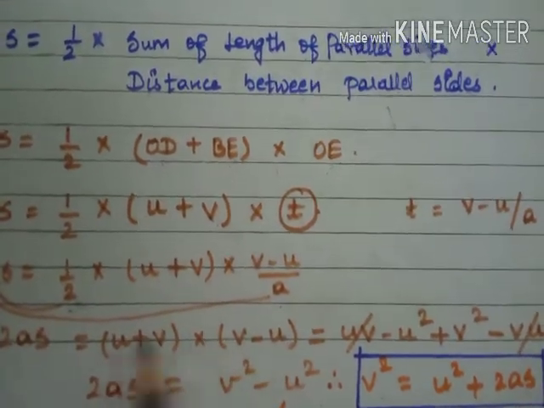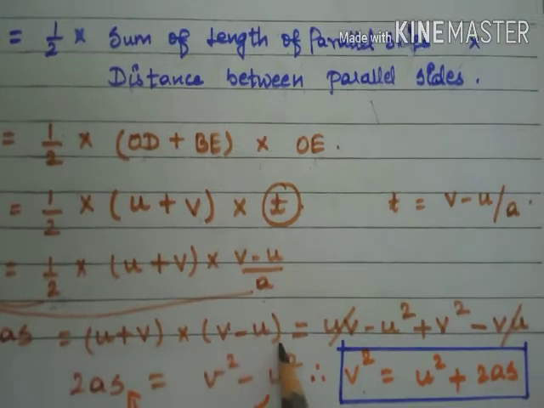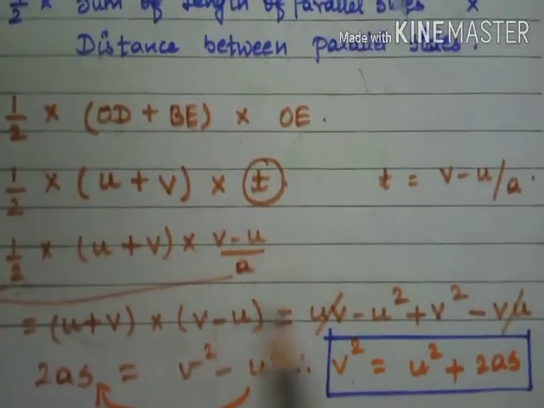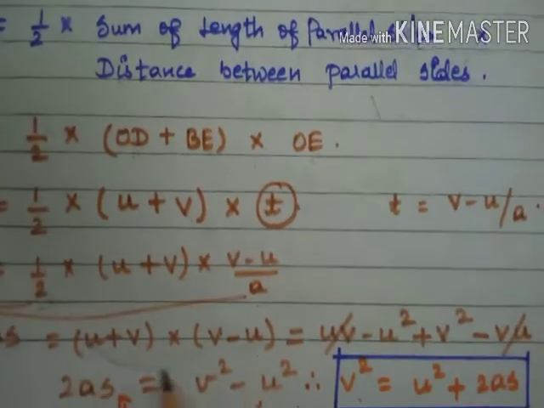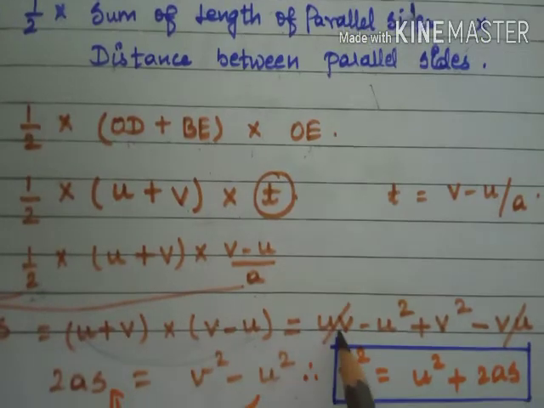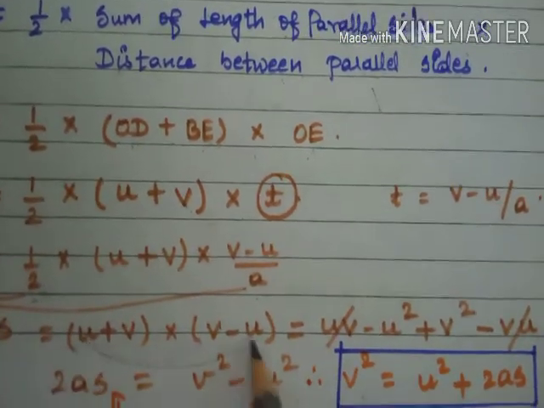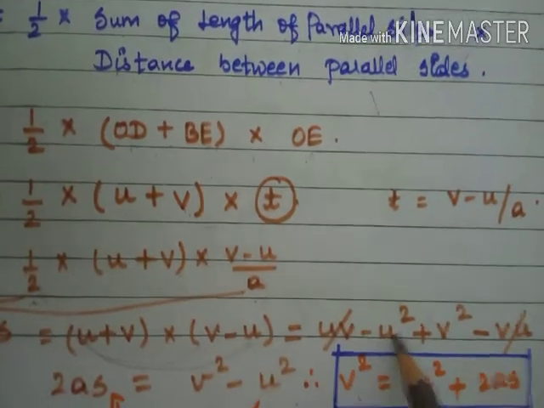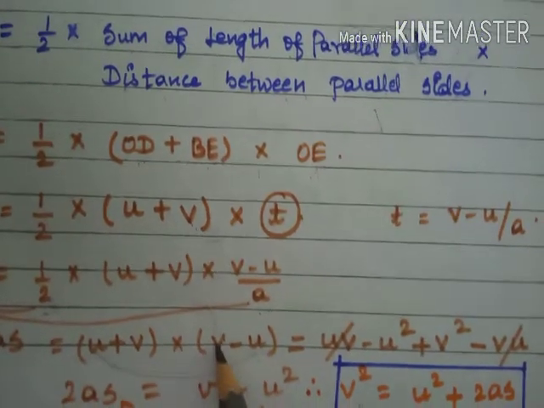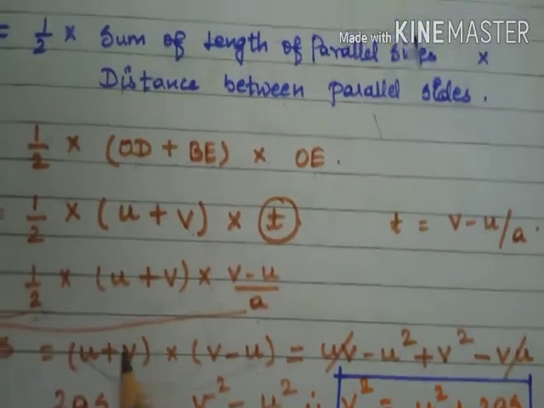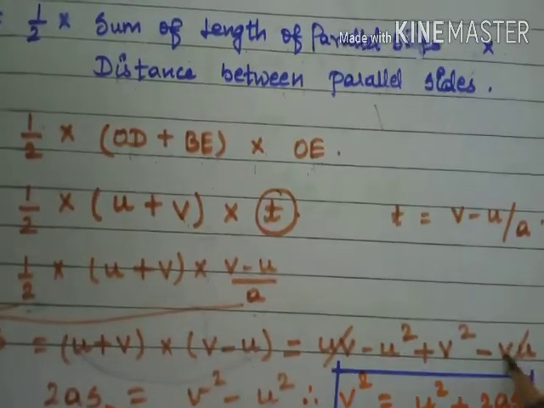Now we multiply U plus V and V minus U. U into V is UV, U into minus U is minus U square, V into V is V square, and V into minus U is minus VU.